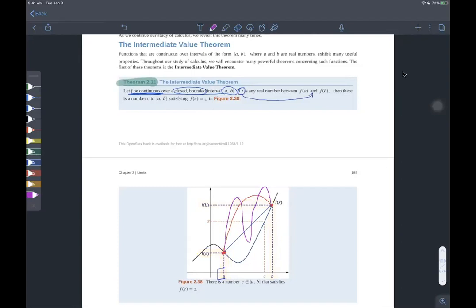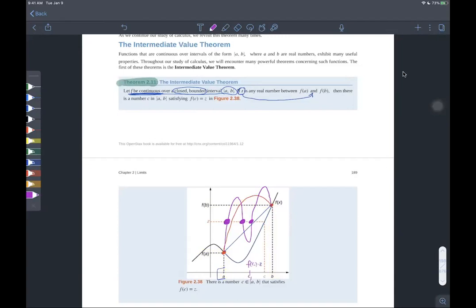Let's take the purple one, for example. It has a couple loops, but notice that at this point here, I'll mark it big in purple, at this point here as well, and at this point here as well, it may even occur more than one time. C1 occurs where f of C1, we can see from the picture, is z.